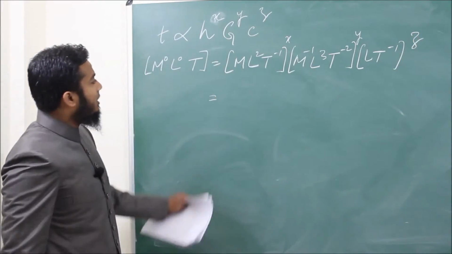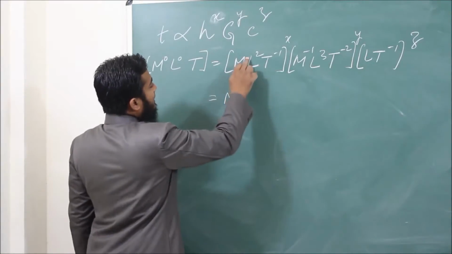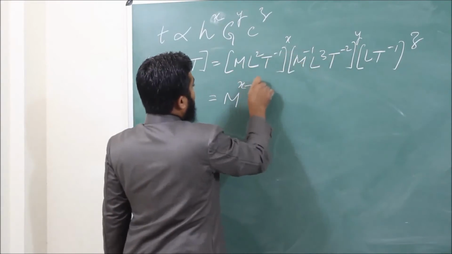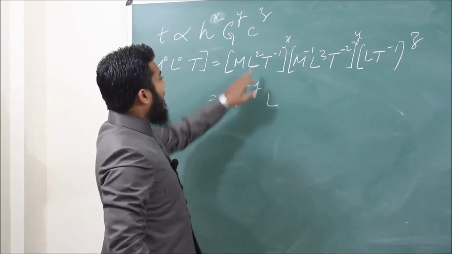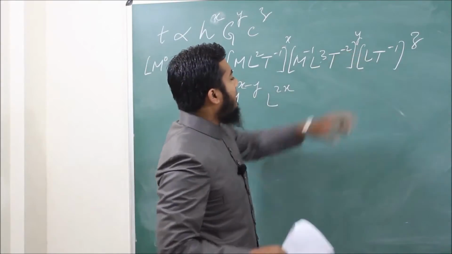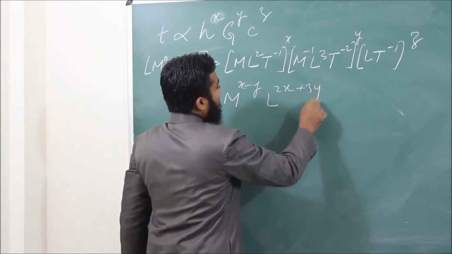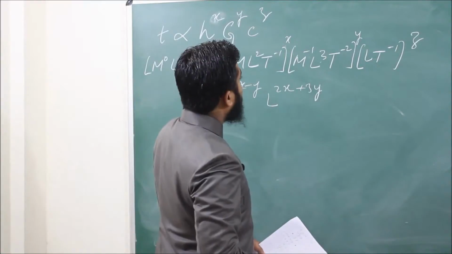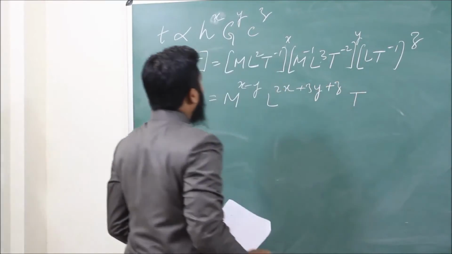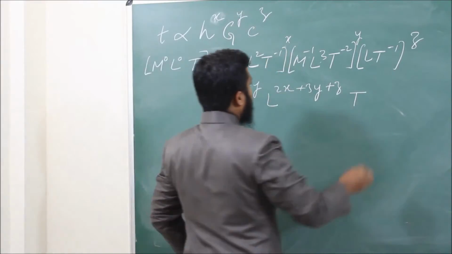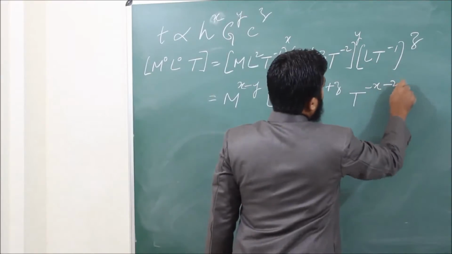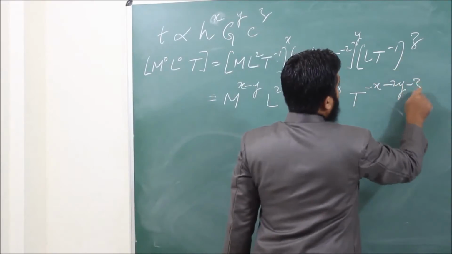Now collect the powers. Total power for M is x minus y. Then for L, total power is 2x plus 3y plus z. And T will have total power minus x, minus 2y, minus z.